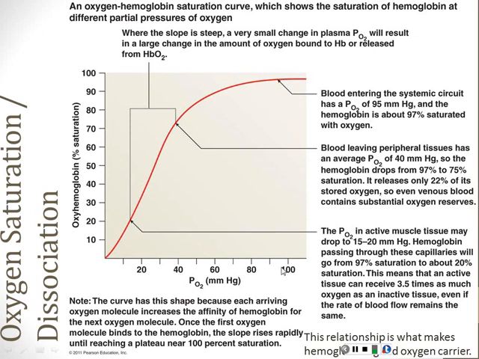But that's only part of it. We want hemoglobin then to let go of that oxygen where it's needed. And it does that because as the PO2 decreases, so like here's the lungs, here's the tissues, right? 40 is the PO2 in the tissues. We see at 40, the oxygen saturation is like 75%, 25% less than it was in the lungs.